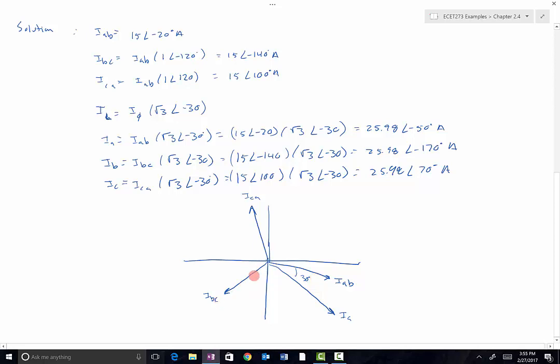IB lags IBC by 30 degrees, so that's IB, that's 30 degrees there. And IC lags ICA by 30 degrees, so that's 100 minus 30, so that's 70 degrees right there. So that's IC. So that gives you some idea of the phase relationship of the currents in the delta system.